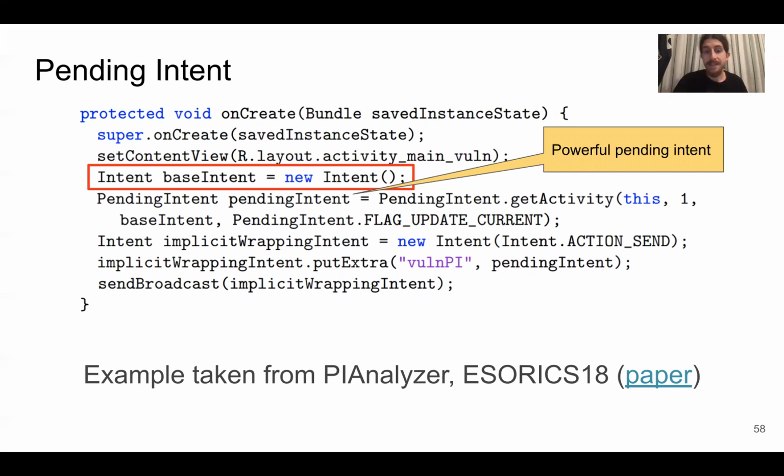And then basically this intent will be sent around. And any app that could intercept it could basically receive the intent, get the pending intent from the bundle, then modify the empty base intent in the pending intent, and somehow interact with this application, even with components that are actually not exported.